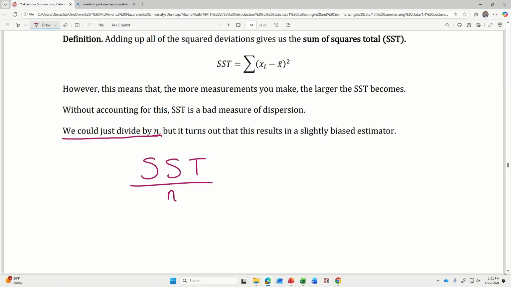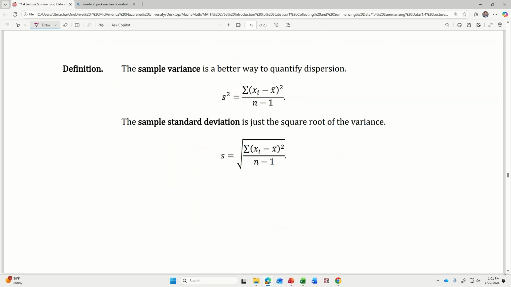This is almost perfect, but it remains slightly biased. It's a tough explanation to really sell why this would be a biased estimator, but it's not quite a perfect estimator of population variance. Instead, what we need is to divide it by n minus 1.